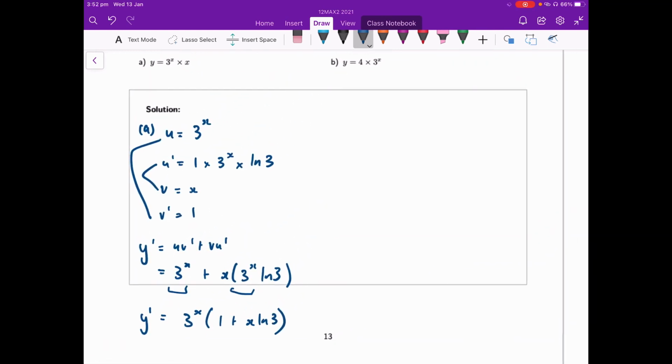All right, for question B, you don't actually need the product rule because 4 is a constant. It's not a function, it's a constant multiplier, so you can just differentiate the 3 to the x and then multiply it by 4.